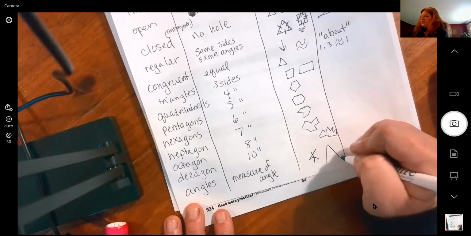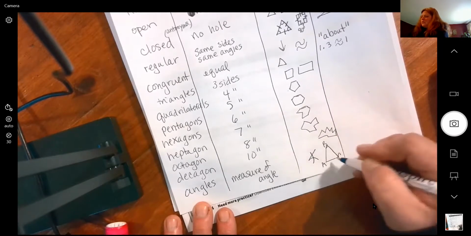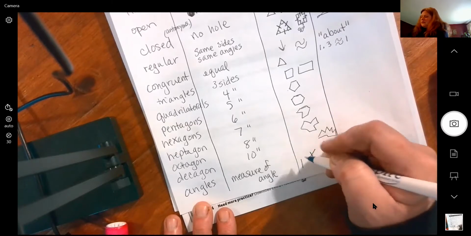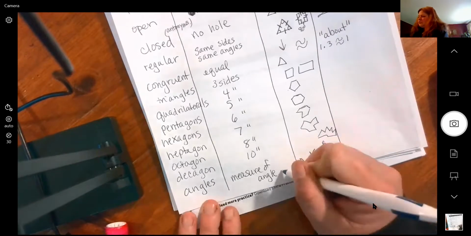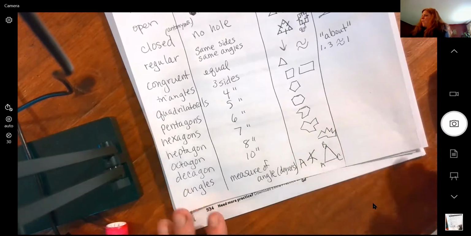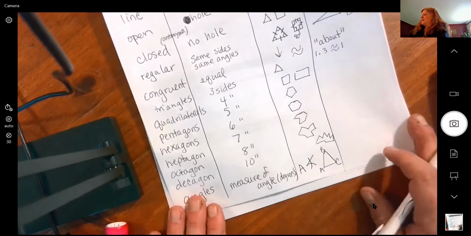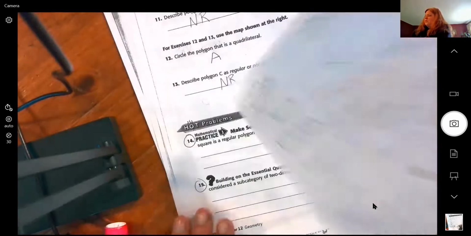And if we had a triangle that was A, B, C, we would say something like angle A. All right, and it's measured in degrees. All right, we'll get into the names. There's 3 different names for those angles, but we're going to get into that tomorrow.